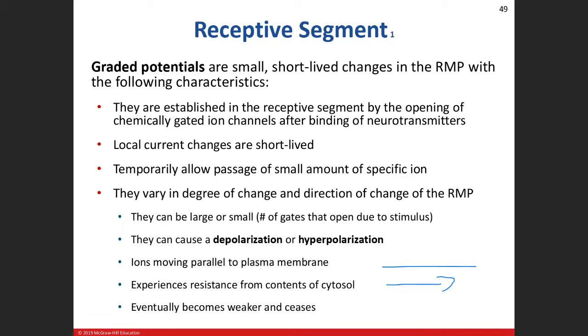The wave energy that's generated travels through the water and becomes weaker and weaker as it moves away, simply because of the resistance it encounters in the water. Same thing happens with graded potentials. They encounter resistance from the cytosol. That's water. There's fluid in there. Remember, cytosol is more viscous than water. It's kind of gooey.